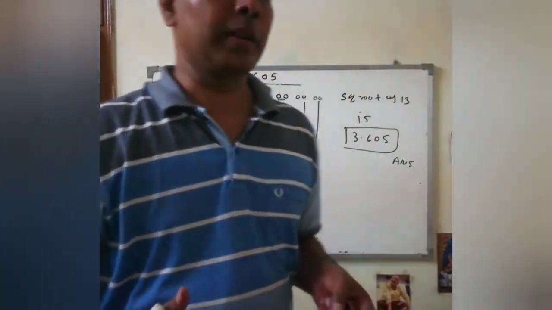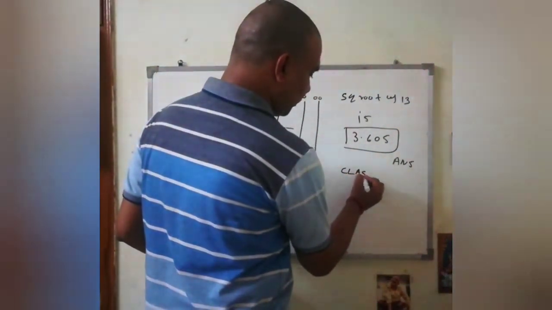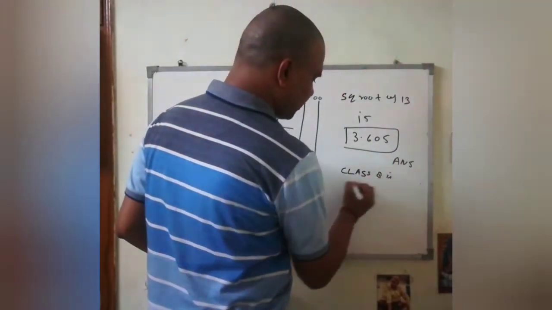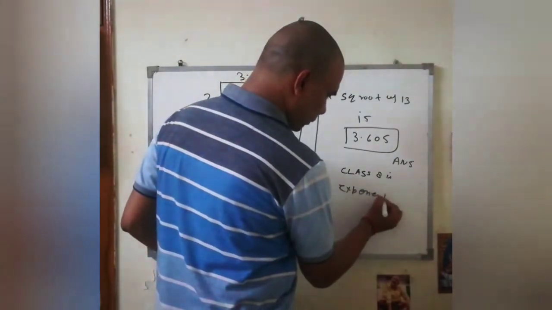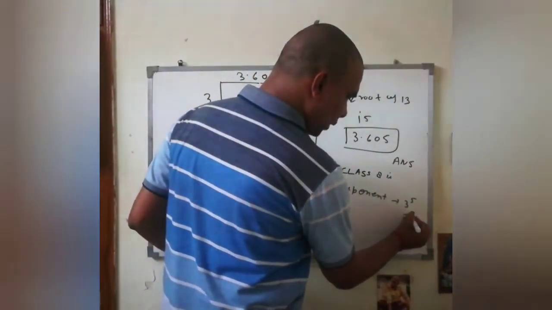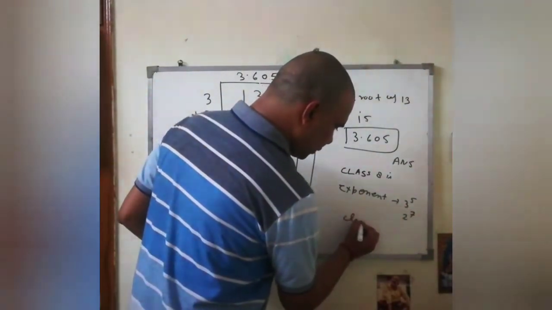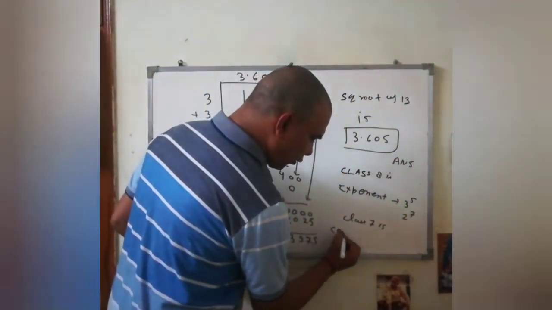The next chapter will be for class 8th, exponents, something like 3 to power 5, 2 to power 7, and for class 7 it is congruence of triangles.